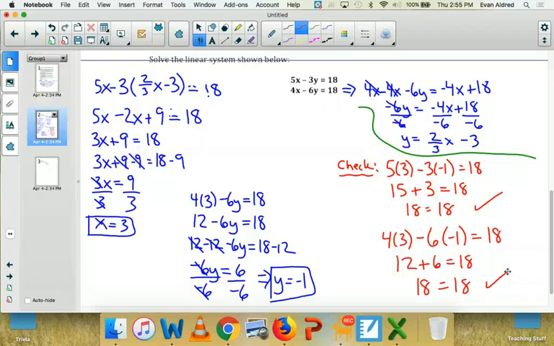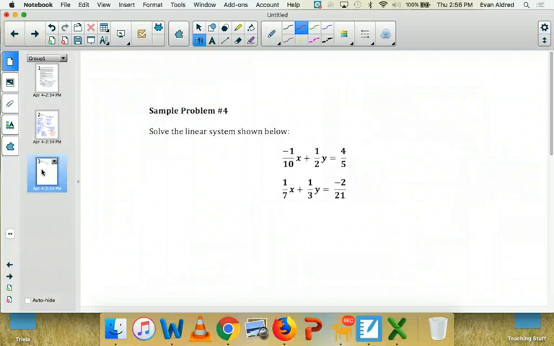But even if they don't, take your value for x, take your value for y, and plug them both back into the original equations, into both. And if it works out, if what you get as your final answer makes logical sense, like 18 equals 18, if you have the same number on both sides of your equation, then you're good. Then you can be confident that the work you did has given you the right answer.